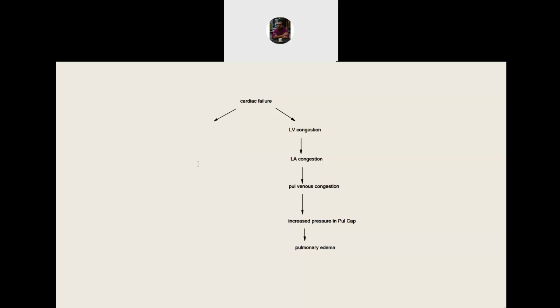On the other hand, if there is right ventricular failure, this will cause right ventricular congestion. The right ventricular congestion will, in a similar manner, lead to right atrial congestion. The right atrial congestion will lead to congestion of superior and inferior vena cava.